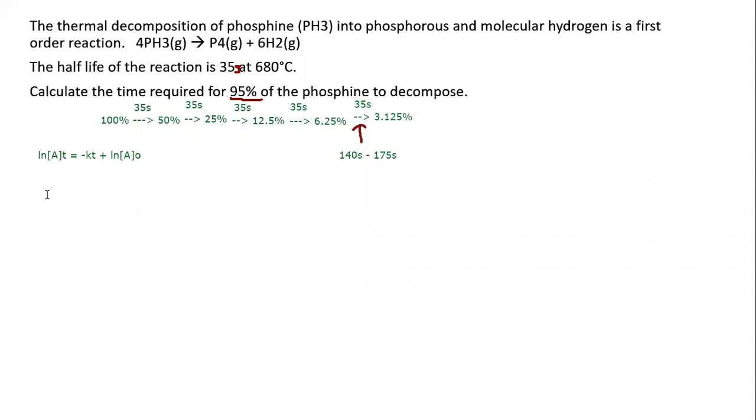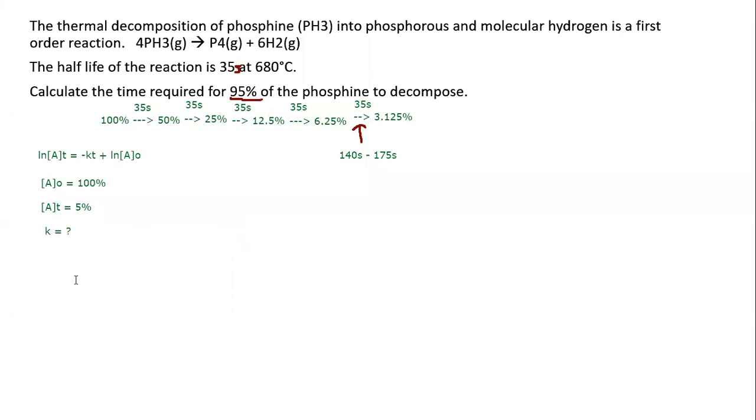We don't have the initial concentration, but we know that at the initial time we have 100%, and at time t we have 5%. So we know the percent of concentration. What we don't know is k.